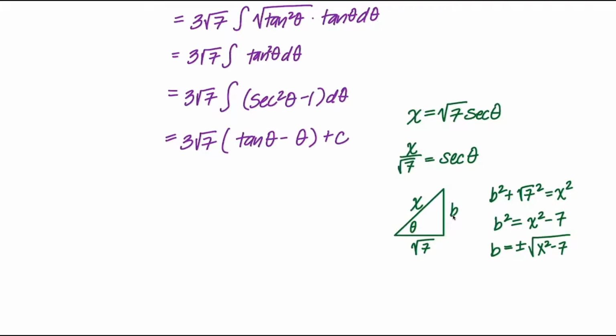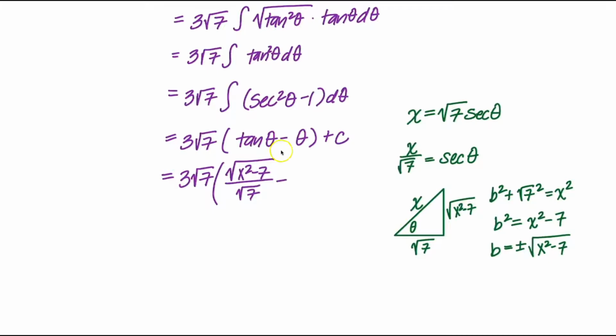All right, so now let's replace b with the positive version of that based on the domain restrictions, x squared minus 7. And then tangent of this angle theta is opposite over adjacent. So we can return the first piece to x. 3 times the square root of 7. Tangent is opposite, radical x squared minus 7 over adjacent radical 7.